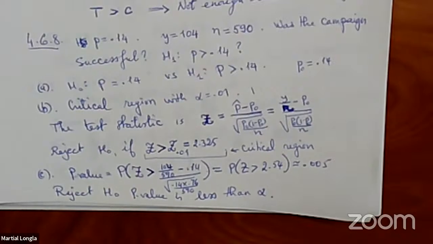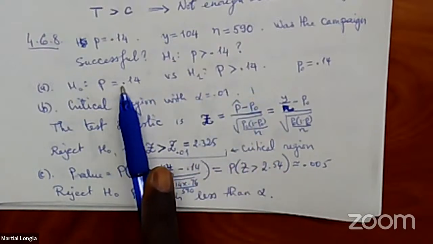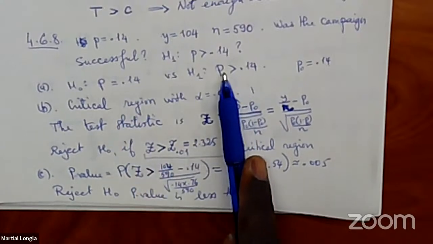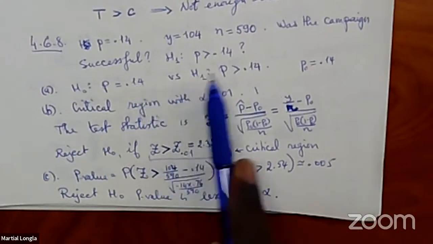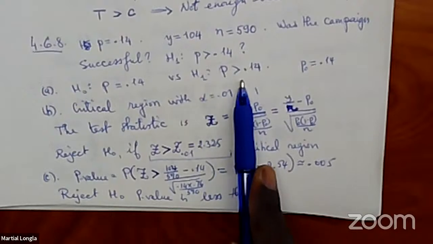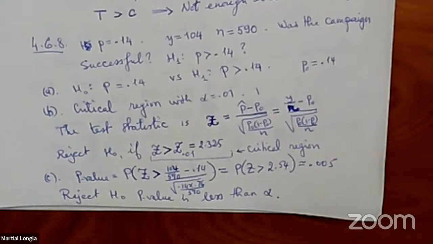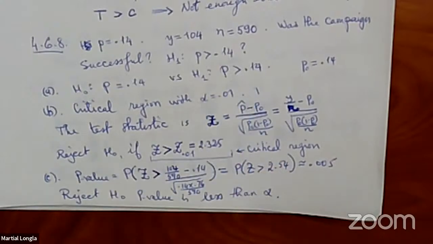So if you want to know if the campaign was successful, you want to know whether after that campaign your P remains 0.14 or gets better. So your H0 is what you believe it is, and the H1 is the desired outcome. You want to make it better in the problem, so you're testing the alternative P larger than 0.14.